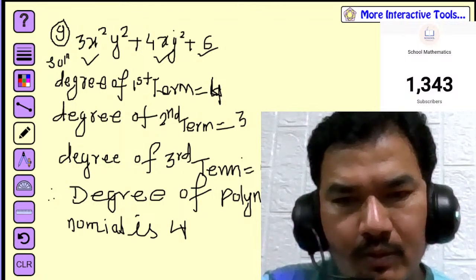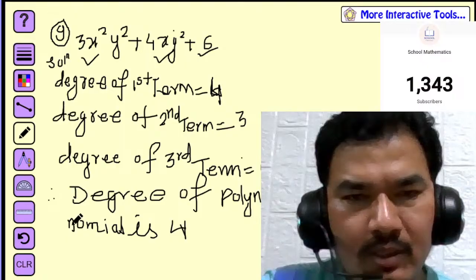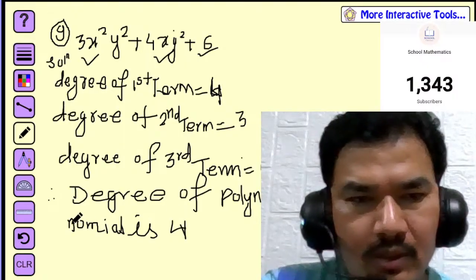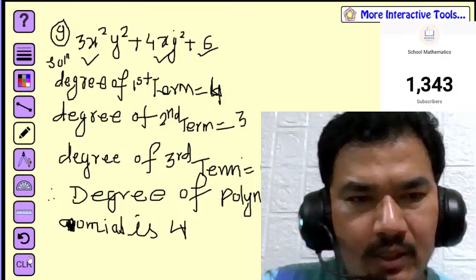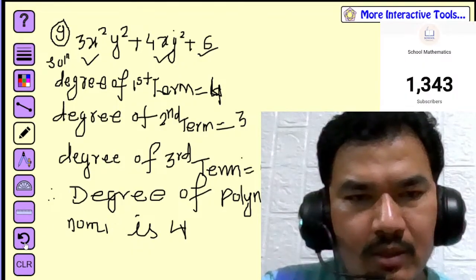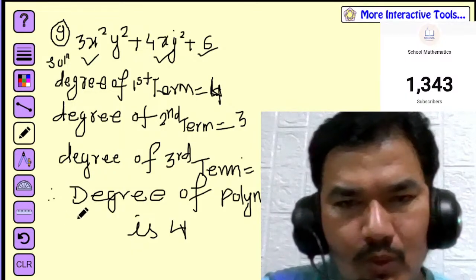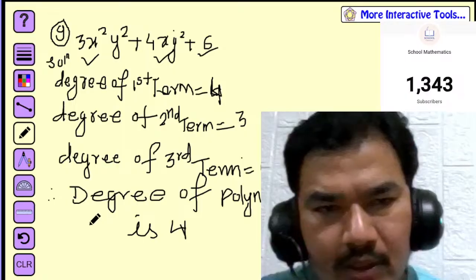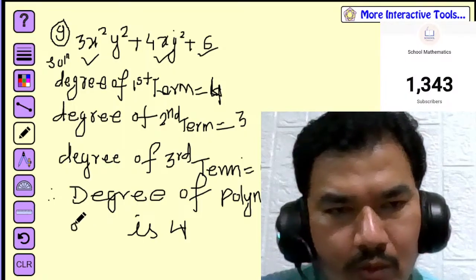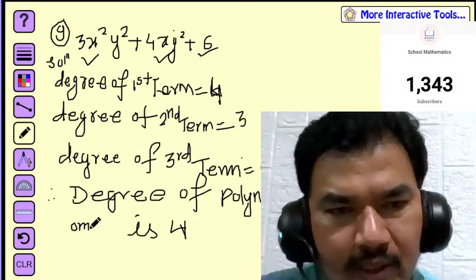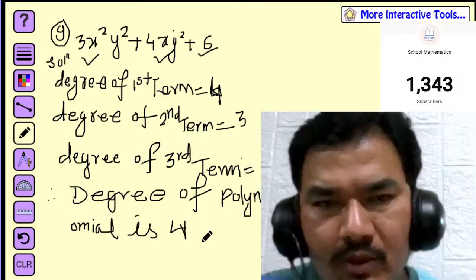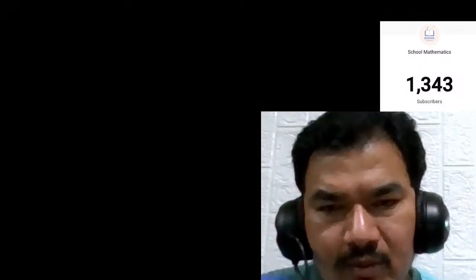Here is the polynomial. You can write it clearly. The degree of the polynomial is 4.